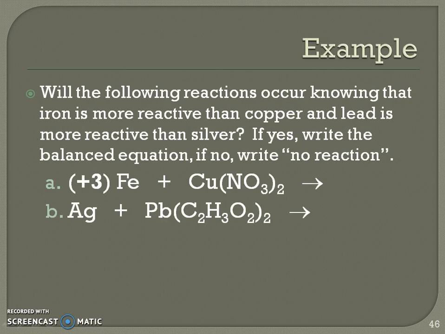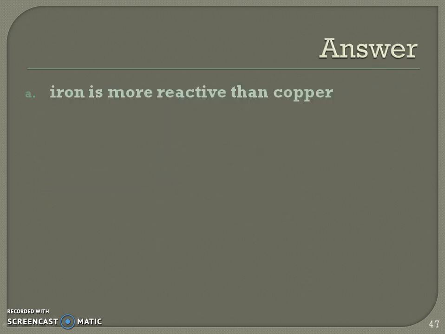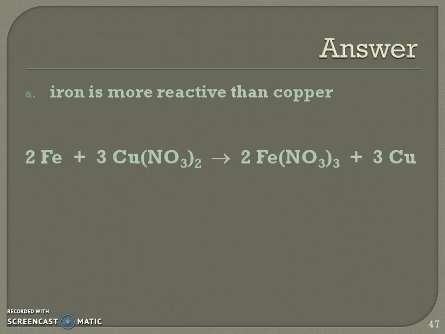So here's an example of 2 single replacement reactions. Will the reaction occur? Again, either go back to that slide to look at that activity series, or look in your book. So let's look at A. Iron is more reactive than the copper, so the reaction will take place.